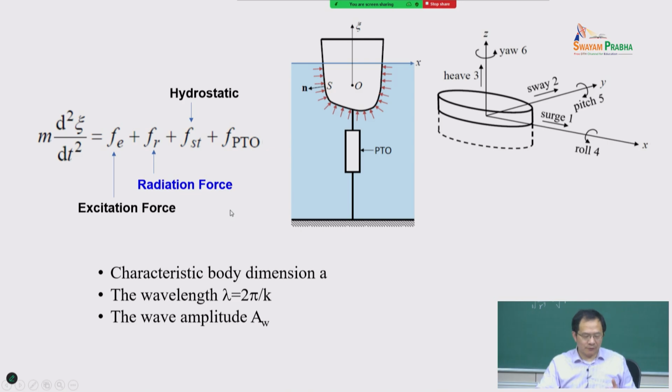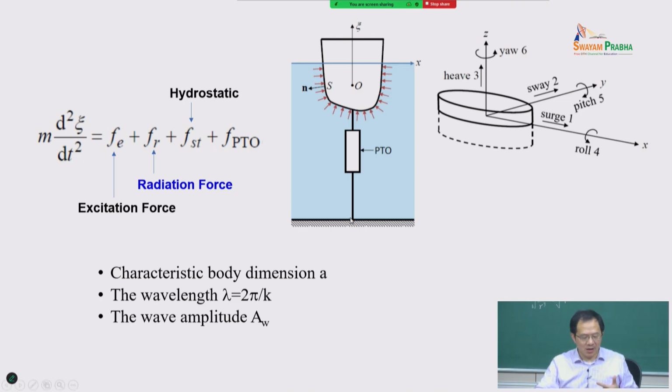Before we talk about the radiation force, there is an assumption, like linear wave theory, which you understand. In linear wave theory, we assume the wave amplitude is much smaller than the wavelength. We also look at the water depth and wave amplitude: when the wave amplitude is smaller than the water depth, linear wave theory holds.